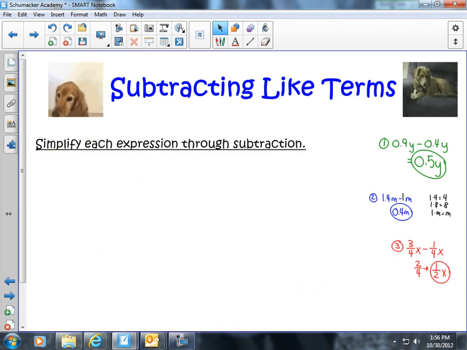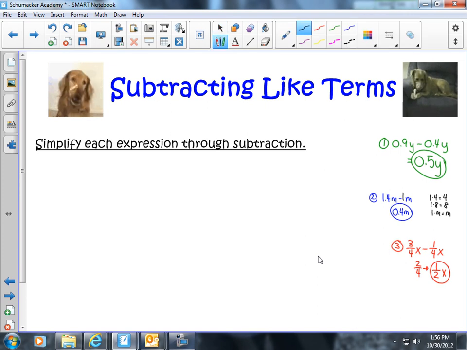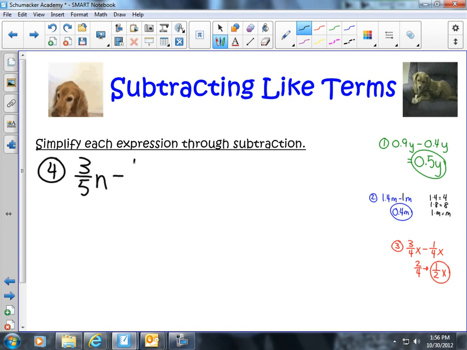All right. We've tried one now with like denominators. Let's try one that has unlike denominators and see how that works for you. So we have for number 4, 3/5 n minus 1/3 n. Much like the other problem, we're going to have to do a subtraction of fractions. So let's do 3/5 and 1/3.